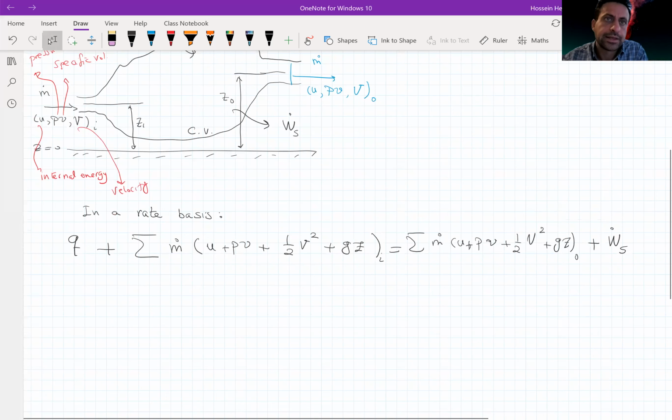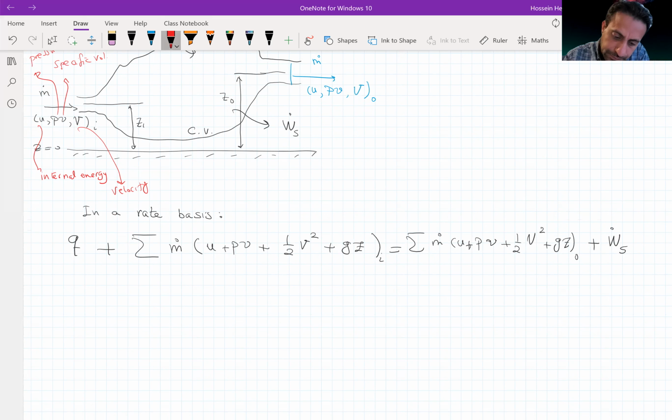And this Q is the heat rate into the system, and W dot S will be shaft work.